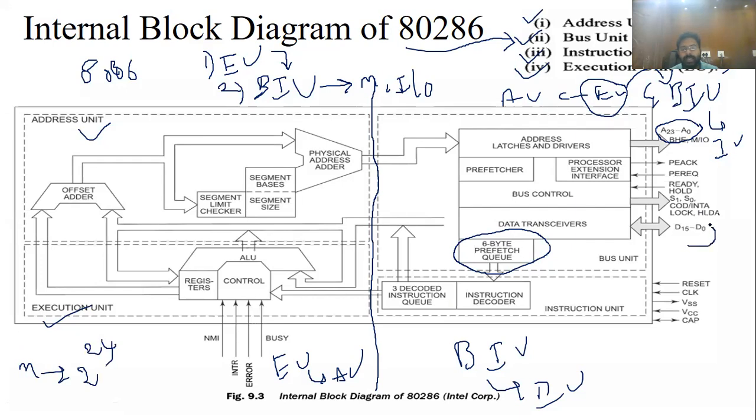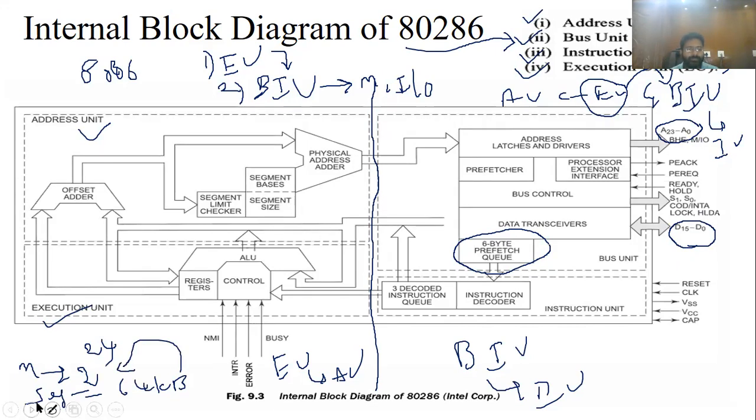Its data lines are D0 onwards. It is also divided into different logical segments. Each logical segment is again 64K. So it matches the 2 power 24.